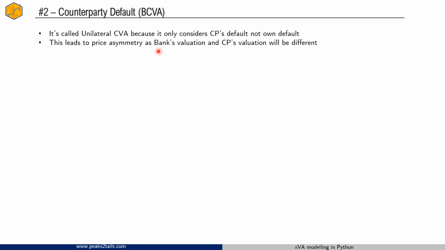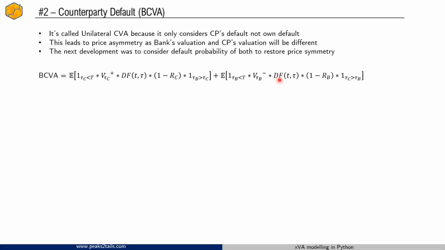So that created a problem in the community. They wanted to restore the price symmetry so that both parties can agree. With that inspiration, they came up with a modified formula which reflects the default event of both the parties, not just one. So this is the modified formula.